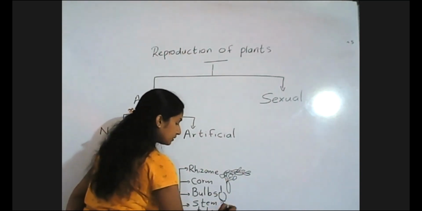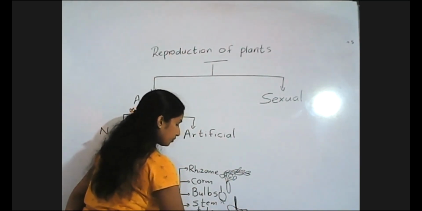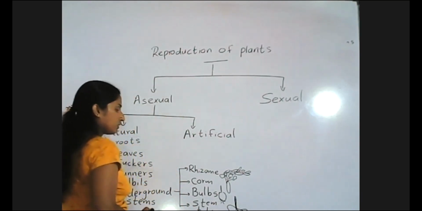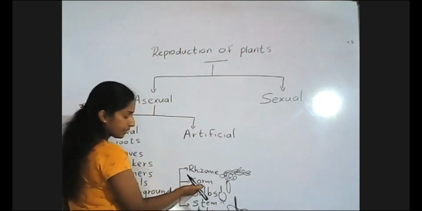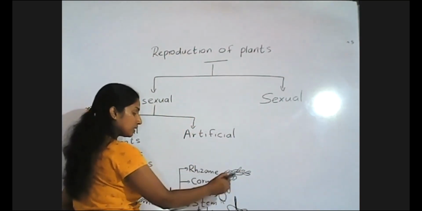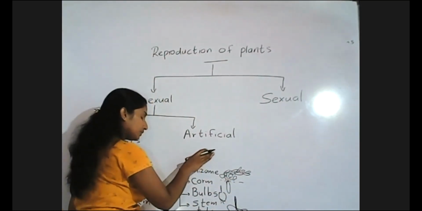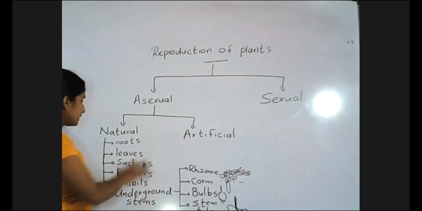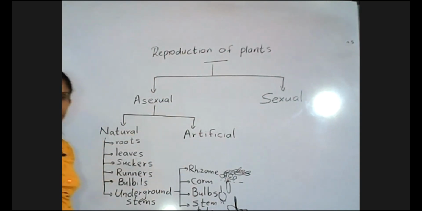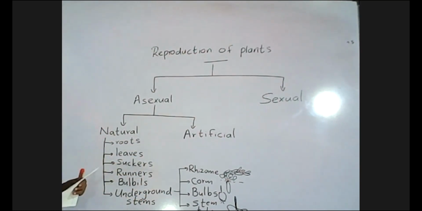Then the stem tubers, as in potatoes. Rhizome: the underground stem is parallel to the ground. Corm: the underground stem is perpendicular to the ground. Anyway, the stem is just below the ground. So that is about the natural asexual methods. You can mention the examples here when you make the short note.